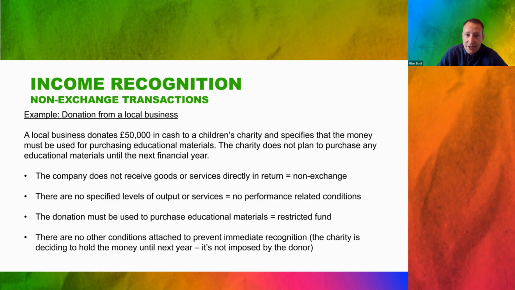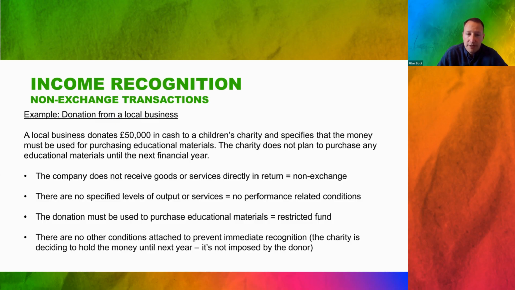So in terms of the considerations here, the company does not receive goods or services directly in return. Therefore, it's classified as a non-exchange transaction. There's no specified levels of output or services that come with the donation, so there's no performance-related conditions attached. It said the donation must be used to purchase educational materials, so it's a restricted donation, so it should be accounted for as a restricted fund, but that doesn't necessarily impact on the recognition of the income.